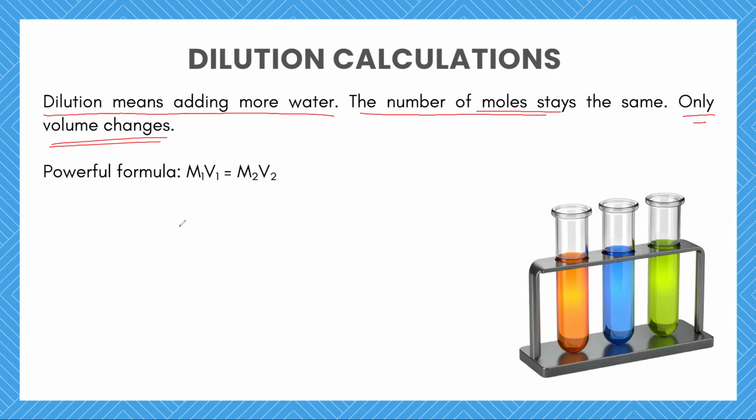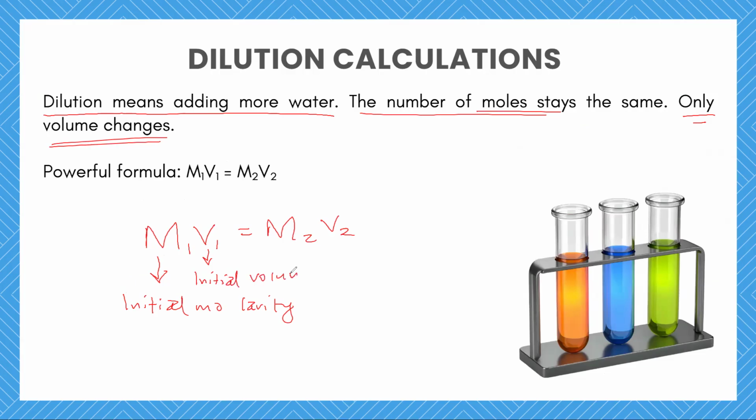Here is a formula to deal with that: M₁V₁ is equal to M₂V₂. All these symbols have meanings. M₁ stands for the initial concentration or initial molarity, and V₁ stands for the initial volume.